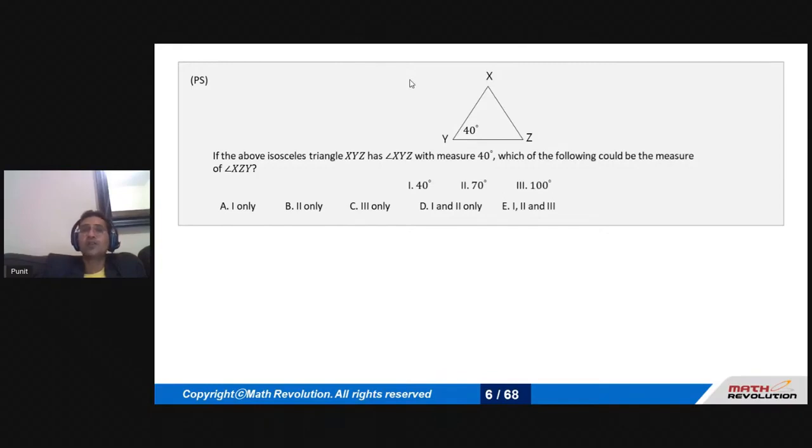It could be YZ equals XZ as well. There are three particular combinations that we could get for two sides to be equal. So never jump to a conclusion that fast. So if the above isosceles triangle XYZ has angle Y equal to 40 degrees, which of the following could be the measure of angle Z?